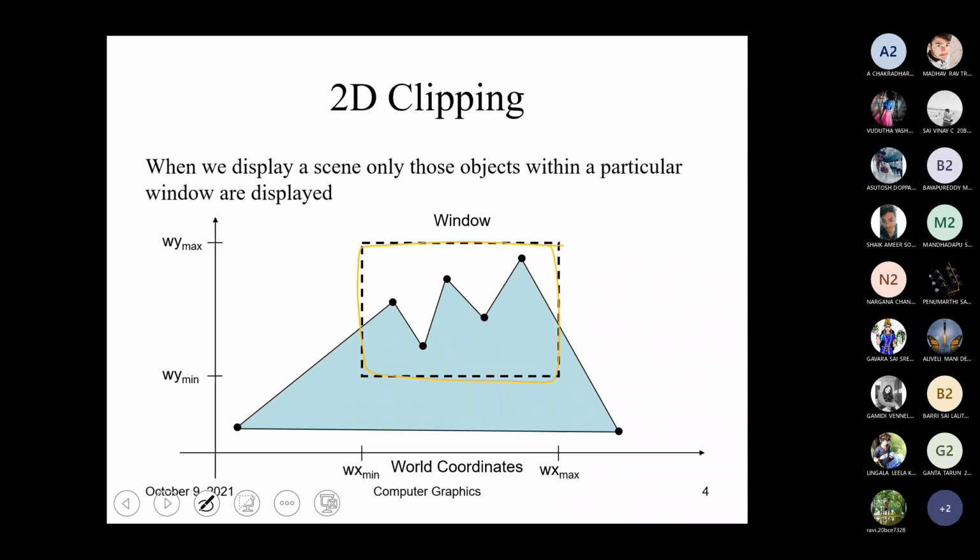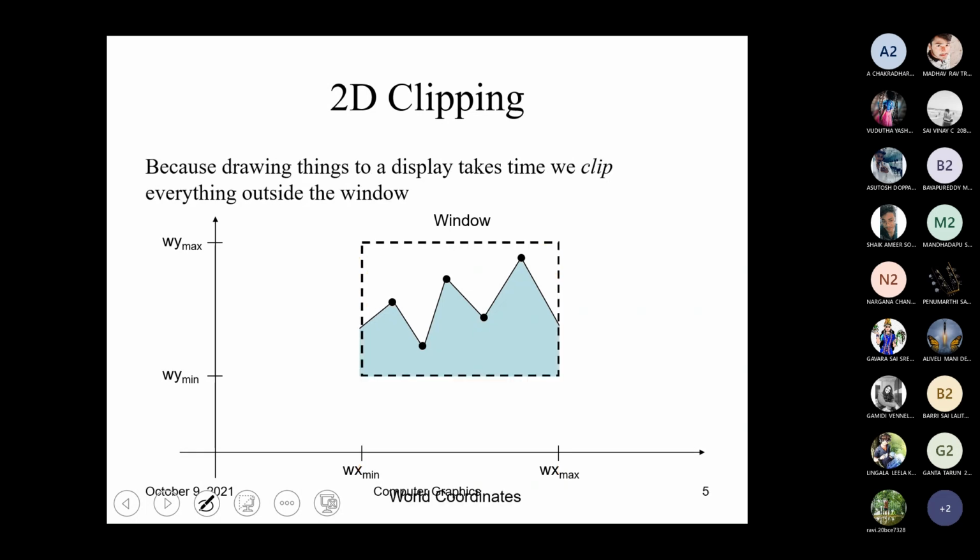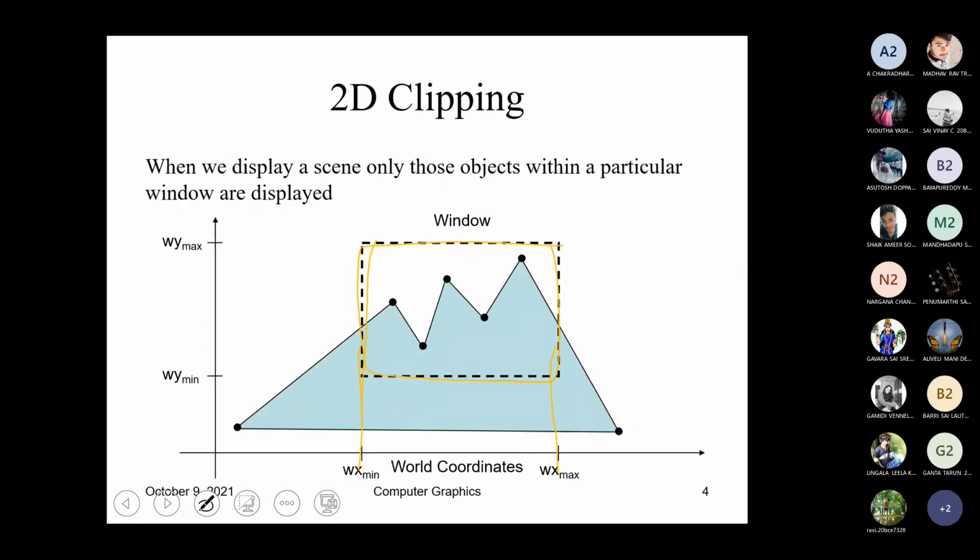Under this world coordinate you will see this is your minimum value and this is your maximum value. Only this part will be visible. The remaining portion will be clipped off. After clipping you will be able to see only this much. Clear now? Here you should remember you will have y-axis minimum and y-axis maximum. This is your world coordinate. Understood?